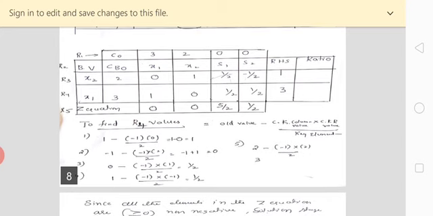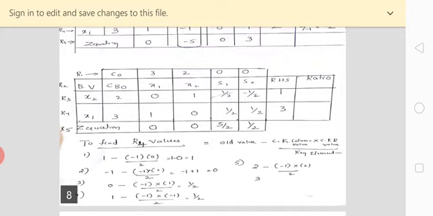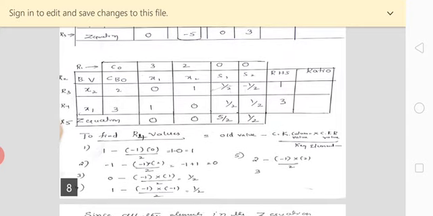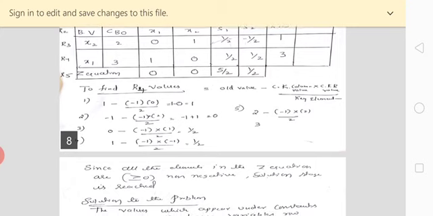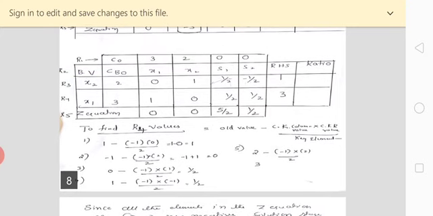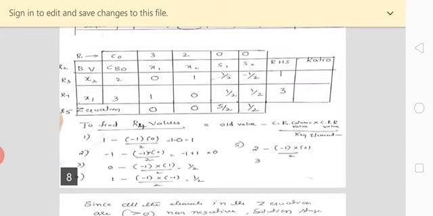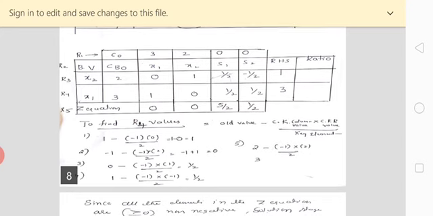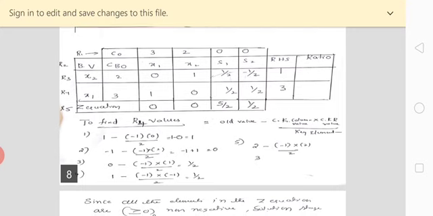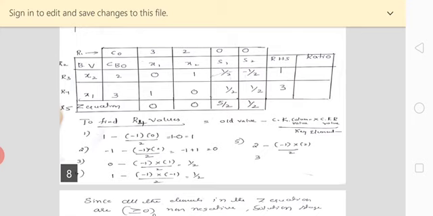Now go again with the same procedure for the Z equation calculation. 2 into 0 is 0, 3 into 1 is 3, minus the Cj value, it will be 0. Similarly, 2 into 1 and 3 into 0 gives 2, minus the Cj value 2, it becomes 0.